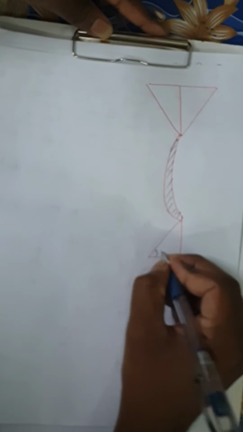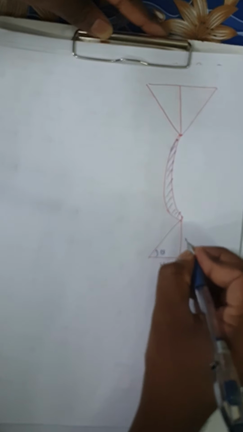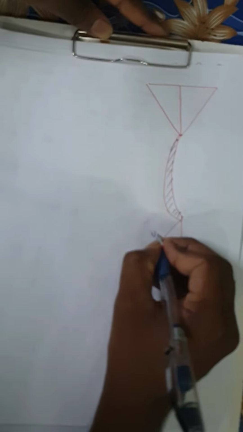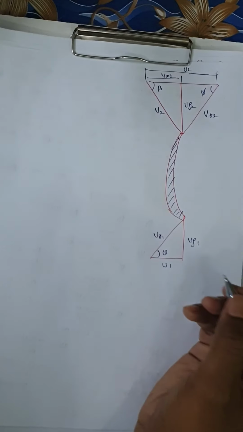You have to remember this one is theta, this is u1, this is Vf1, and this is Vr1, and this one is phi, and from here to here overall is u2. This side inside is Vw2, and this is Vf2, and this one is Vr2, and this one is V2, and this one is beta.